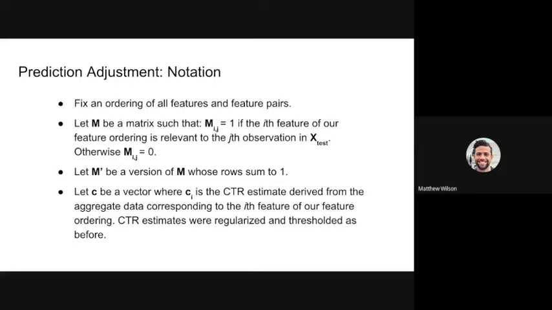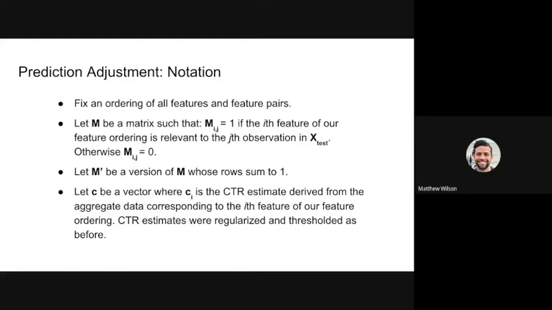Once we have that ordering, we can describe this matrix M. This matrix M is 0 everywhere, except in places where the ith feature of our feature ordering is relevant to the jth observation in the matrix that we're predicting on, X test. In those cases, Mij is 1. Now that we have M, we can talk about M prime, which is just a version of M whose rows sum to 1.